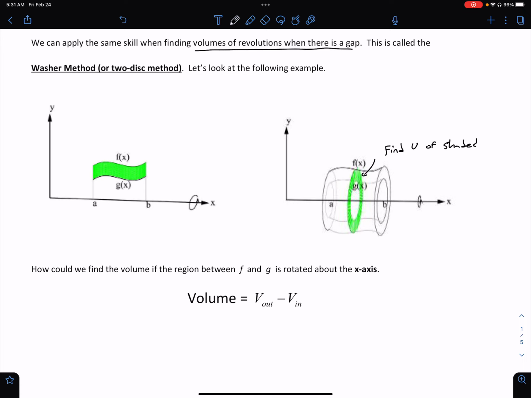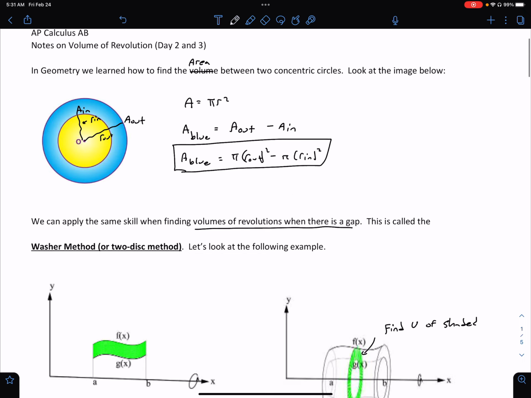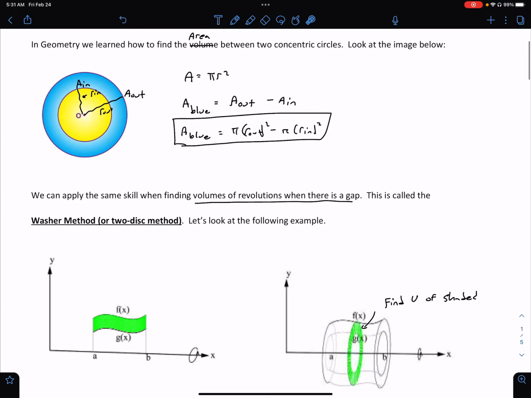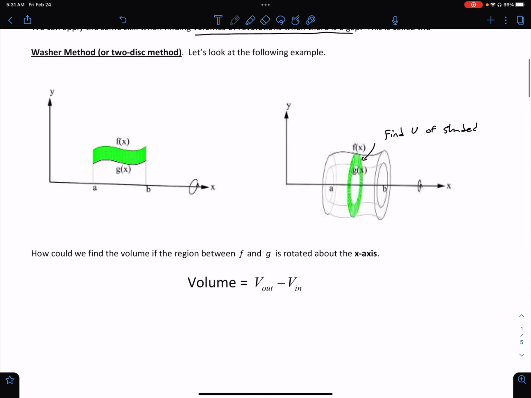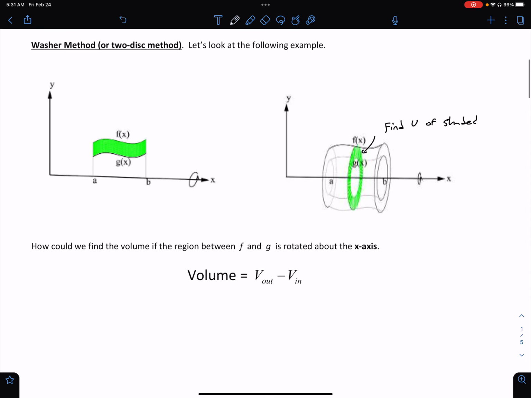So how do we do this? Just like in geometry, we have to look at the outside region, and we're going to subtract the inside region, except in terms of area, we'll be talking about volumes. And that's exactly what we do here. How can we find the volume of the region between f and g if we rotate about the x-axis?